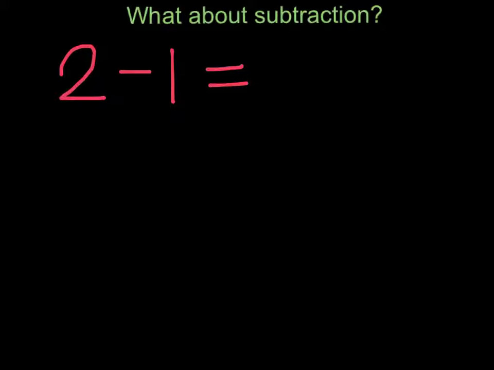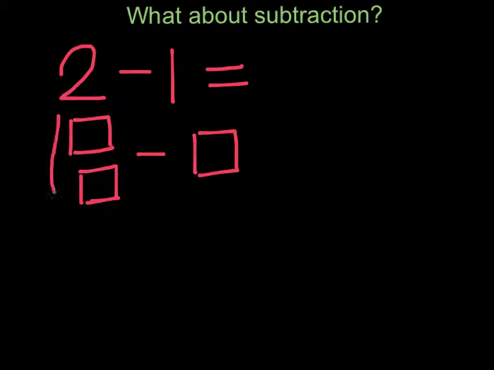Now if we do 2 squares again, minus that 1 square. So we begin with 2, these 2 right here. We're going to take one of them away. So we are left with 1 square.